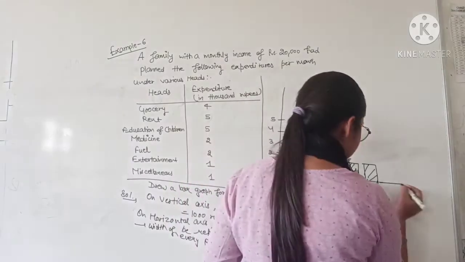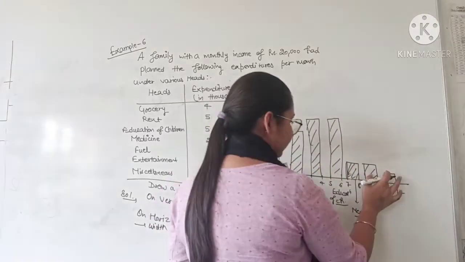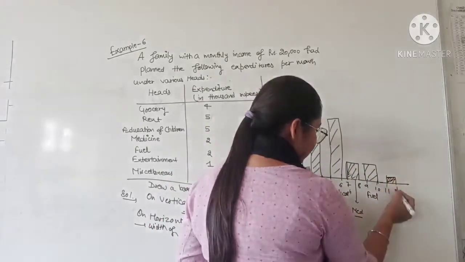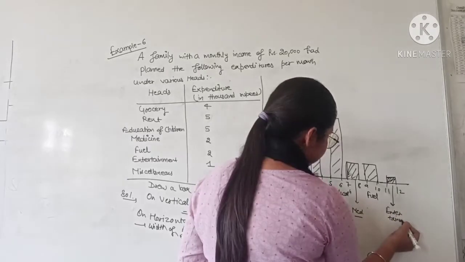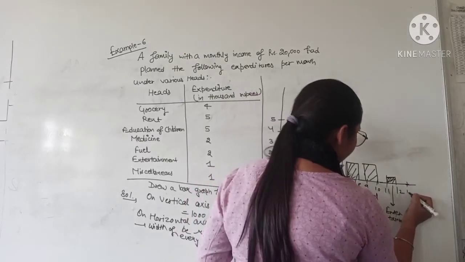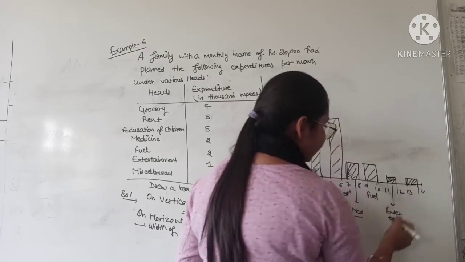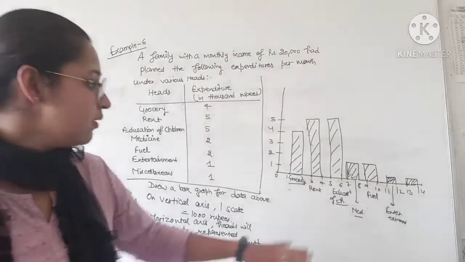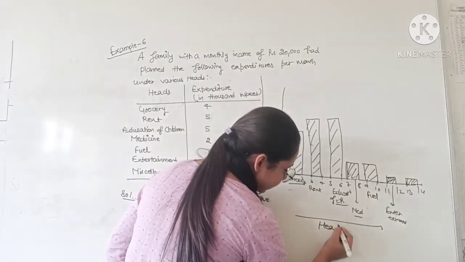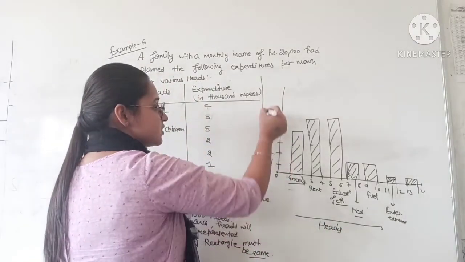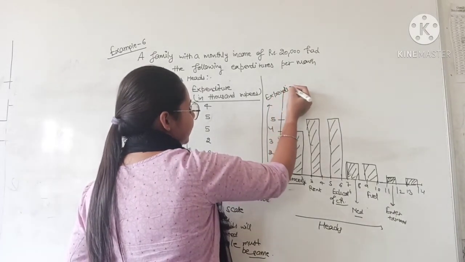Now next is entertainment, only 1. This part is entertainment. And last is miscellaneous, that is also 1. This is miscellaneous. So in a bar graph, on the horizontal axis you take heads and on the vertical axis you take expenditures.